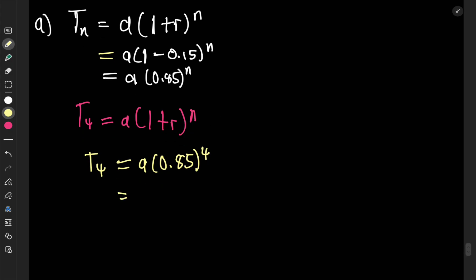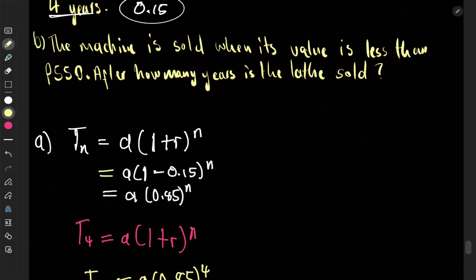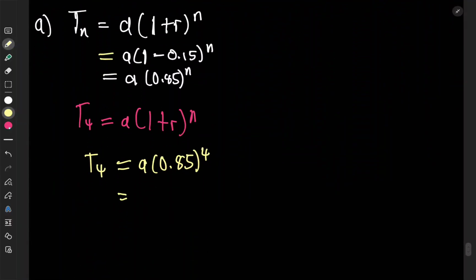Now, what is my A? We go up to see what the A is. The value that was invested, this 3,000, is your A. So term number 4 is going to be equal to 3,000 times 0.85 to the power of 4.